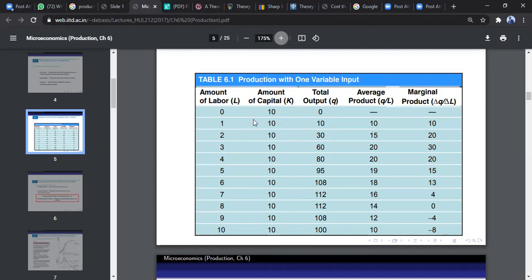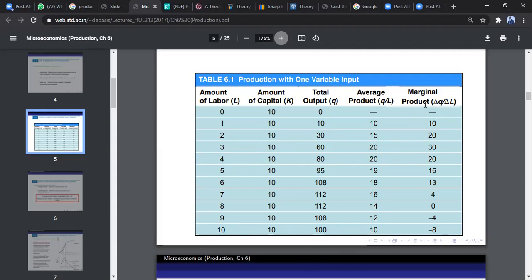So 10 divided by 1, this is called the average product of labor, which is 10. 30 divided by 2 is 15. 30 divided by 3 is 20. 80 divided by 4 is 20. And so on and so forth. 100 divided by 10 is 10.